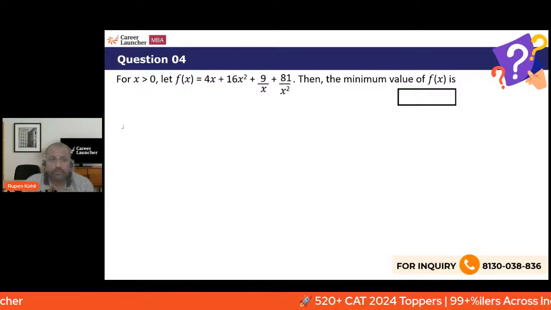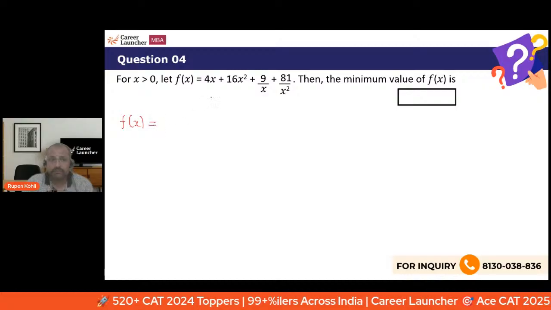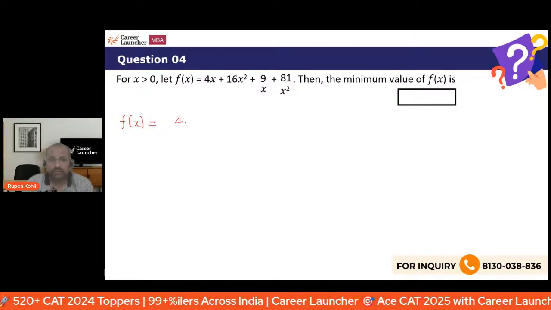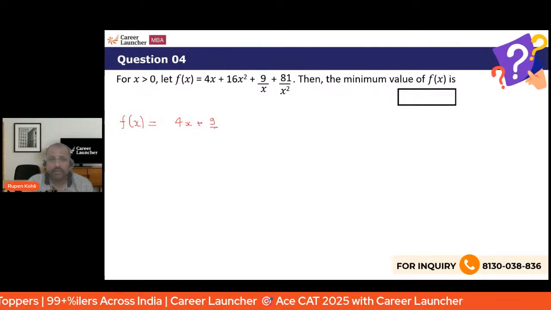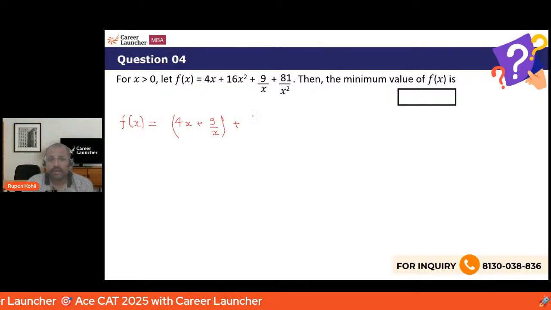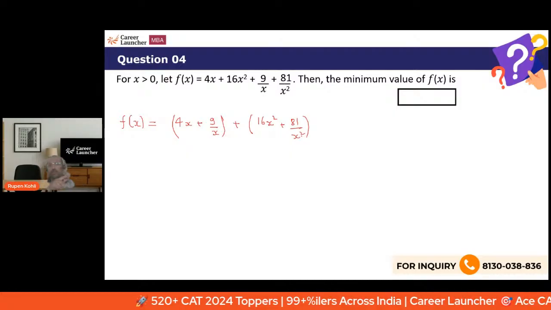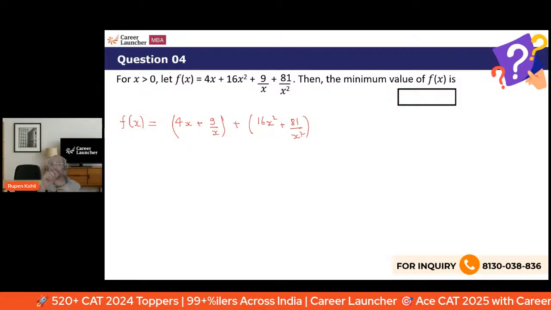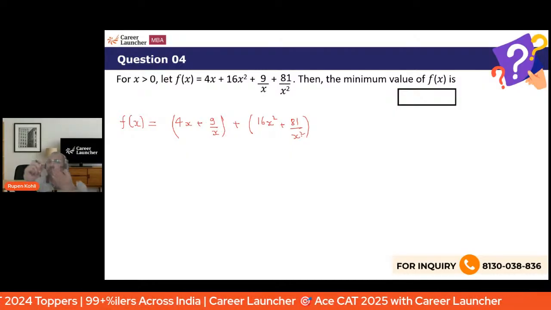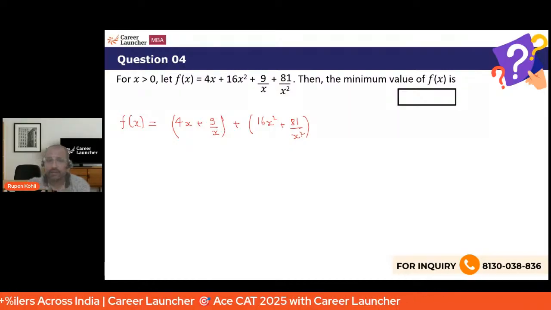Now we should rewrite this function such that 4x and 9 by x can be taken together as a combined term, and likewise 16x square plus 81 by x square can be taken together. Now you can clearly see that 4x the whole square is 16x square, 9 by x the whole square is 81 by x square. So there is definitely some kind of interrelationship that we can make over here.